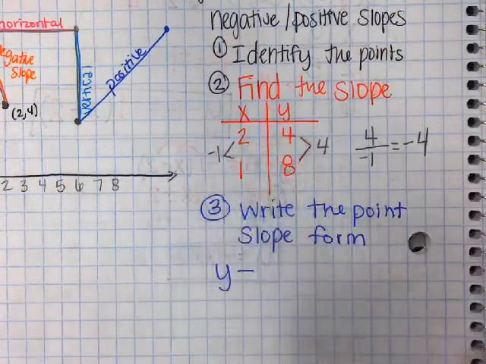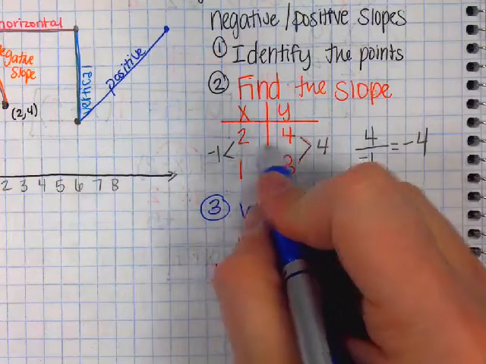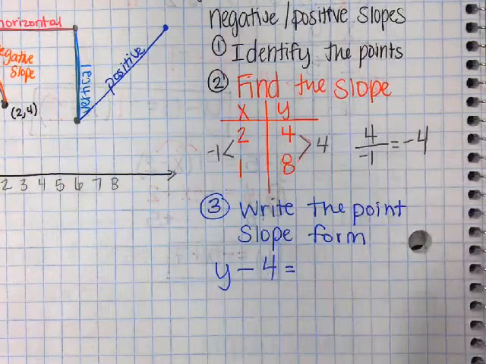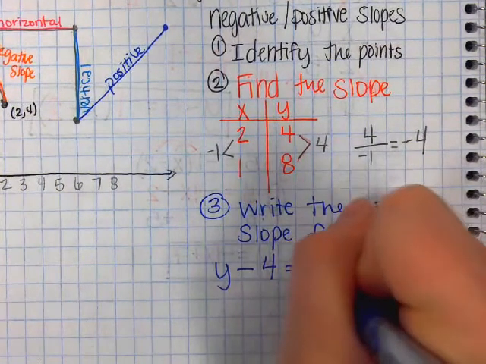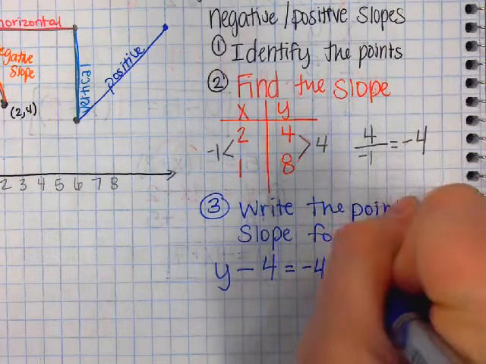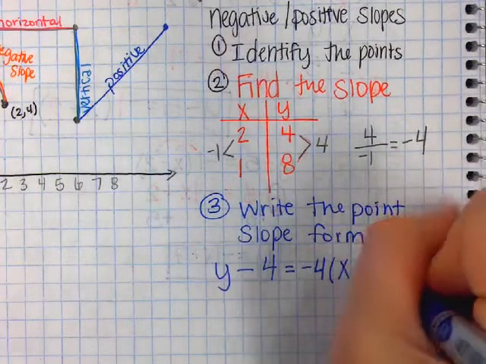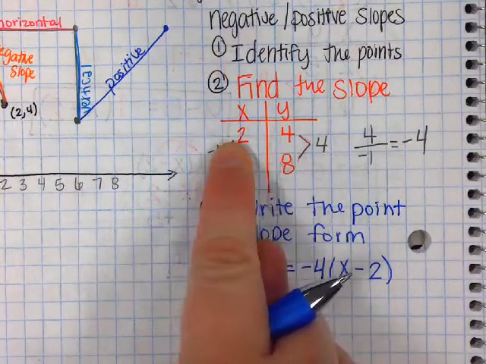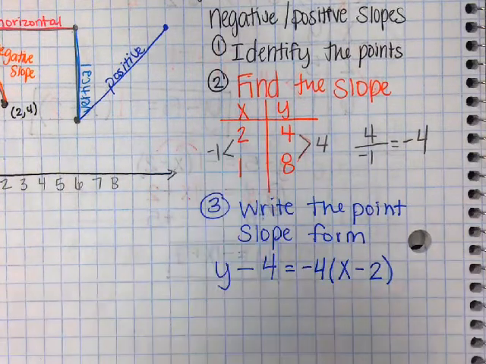It doesn't matter which point you use. Again, just use whichever one you use first. So it's going to be y minus 4 equals the slope, which is negative 4, parentheses x minus the x coordinate of the same point.